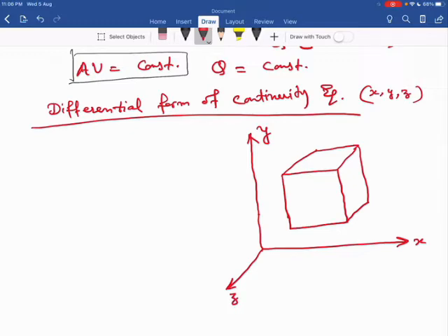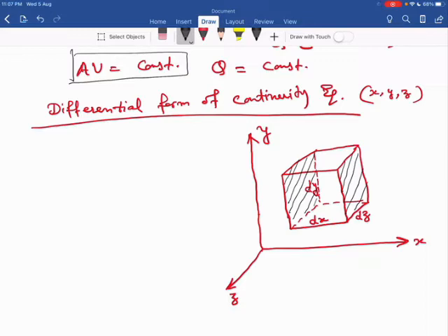Now say this element has distance dx along x-axis, dy along y-axis, and dz along z-axis. Now say along this face, I mark here the two faces.